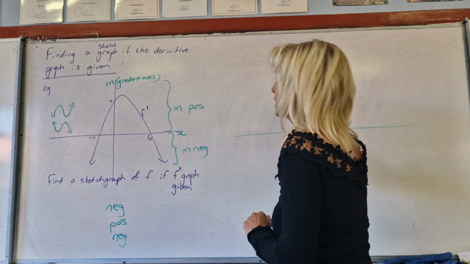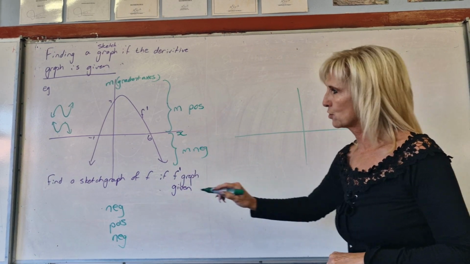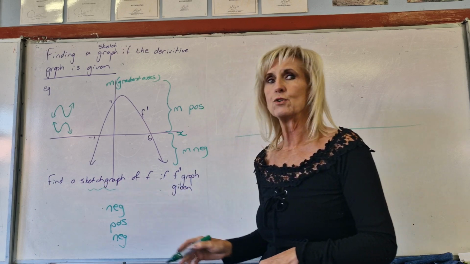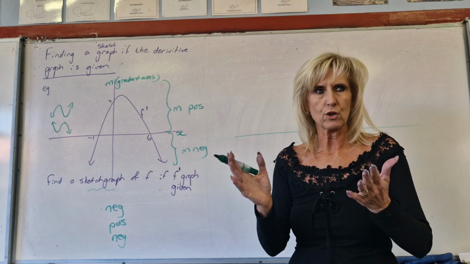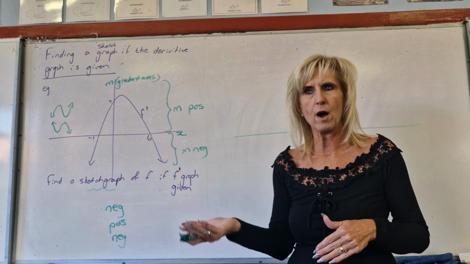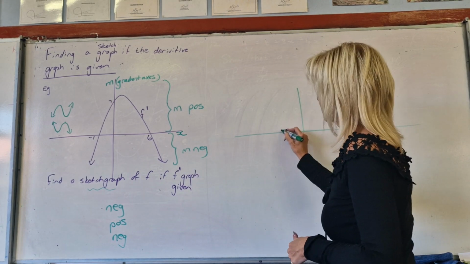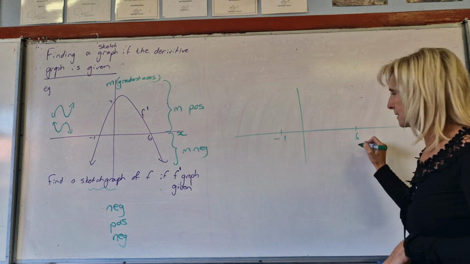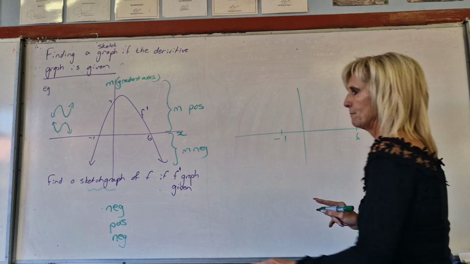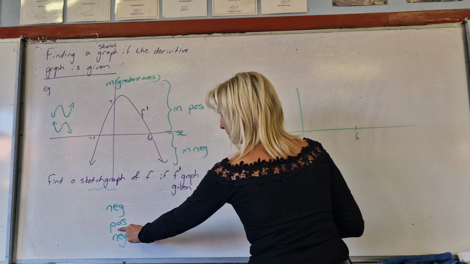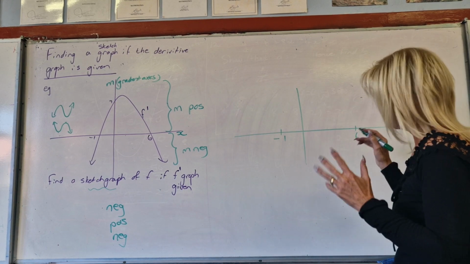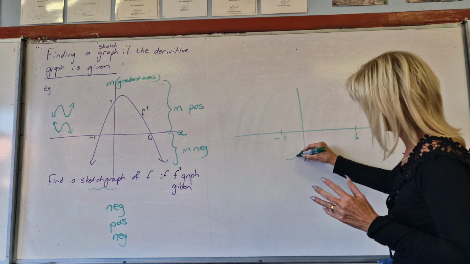So on a graph, the only thing for a sketch graph that I can use with the information given to me, it's not going to be accurate. All they're giving me is the x value, not even the y, at -1 and at 6. All I know is that between those two turning points, the gradient's got to be positive. So somewhere, somehow, there must be something taking place like this.